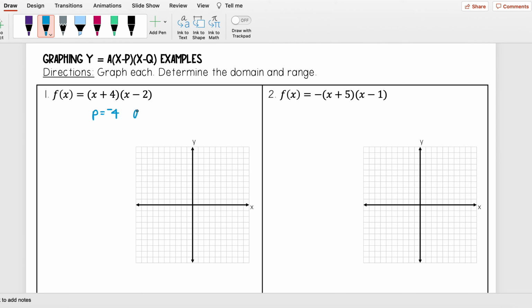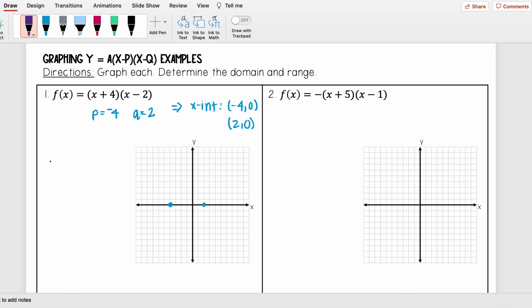And then for my Q, I see a minus 2 here, but again, I need to take that opposite sign. So instead of a minus 2, my Q is positive 2. And so that means that my x-intercepts will be negative 4, 0, and 2, 0. So I'm going to go ahead and graph those first. So negative 4 is right here, and then 2.